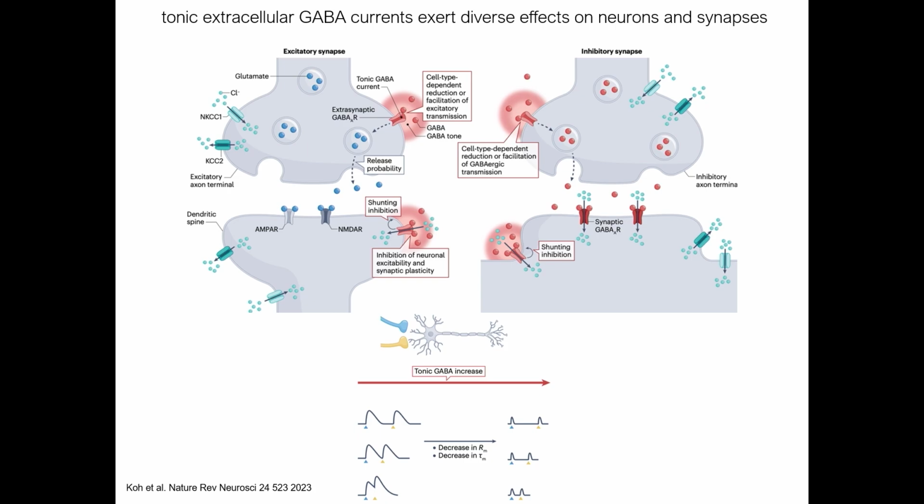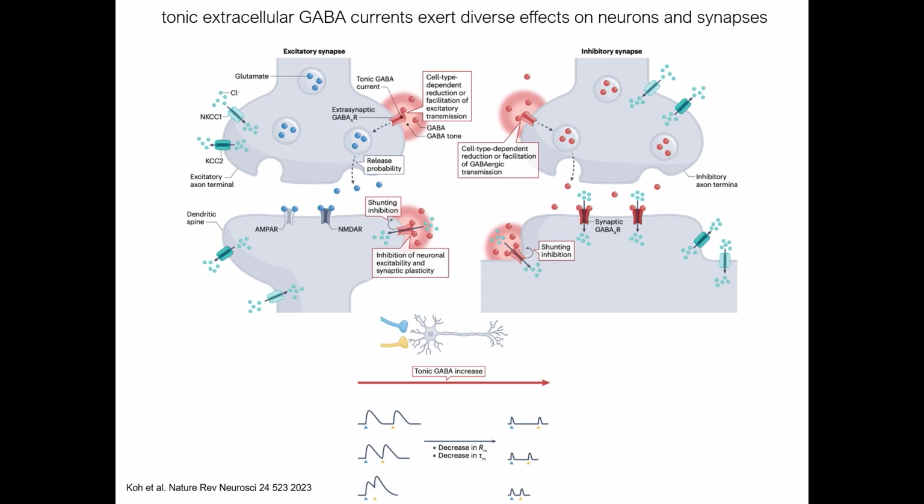The same is true at inhibitory synapses. They can either be excited or inhibited. That's because the chloride concentrations in different parts of neurons and in different regions of the brain can be very different, which has different effects as a consequence of opening GABA A receptors.